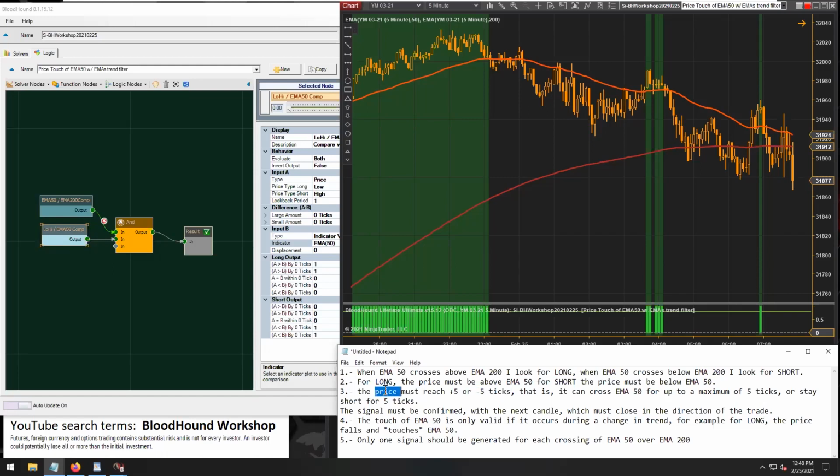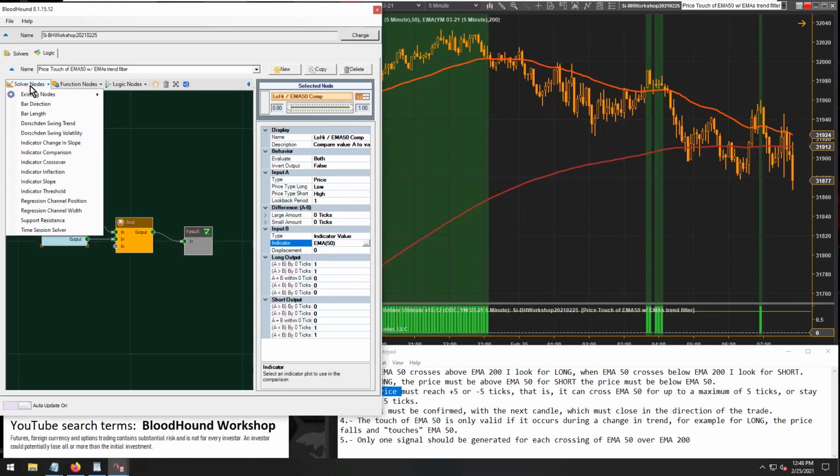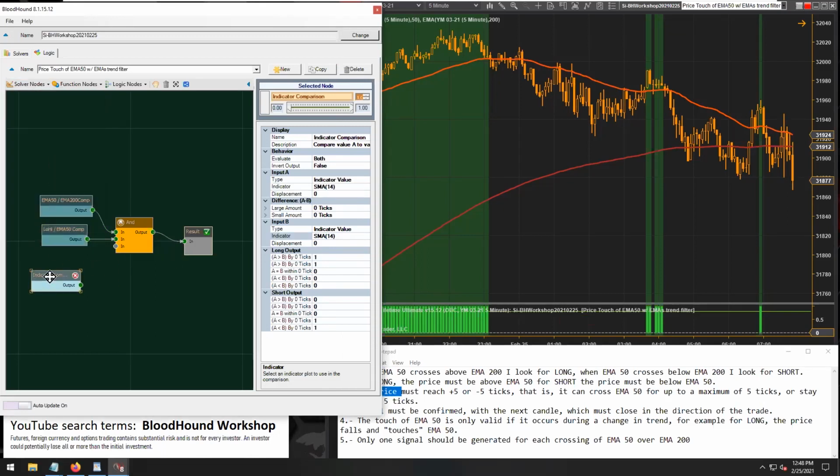And in this case, I'm going to use the closing price of the bar. So once again, we're going to use a comparison solver. Let's grab another comparison solver.